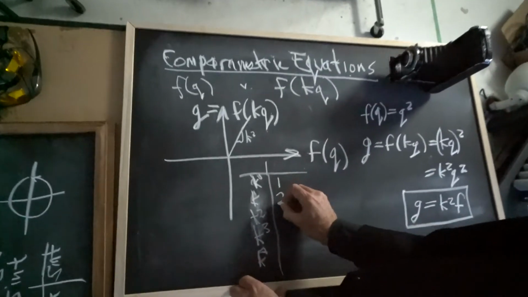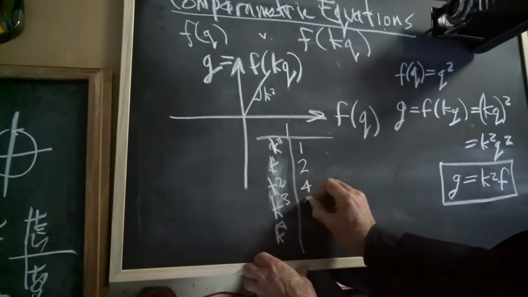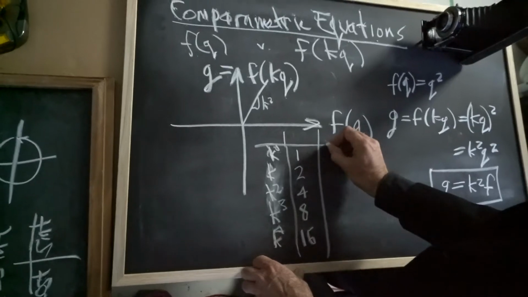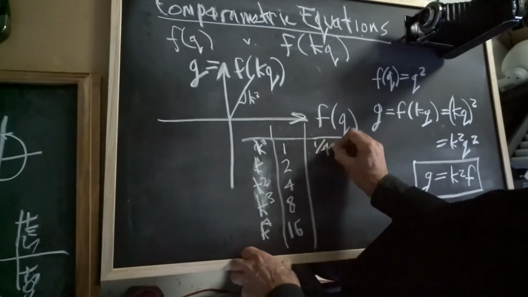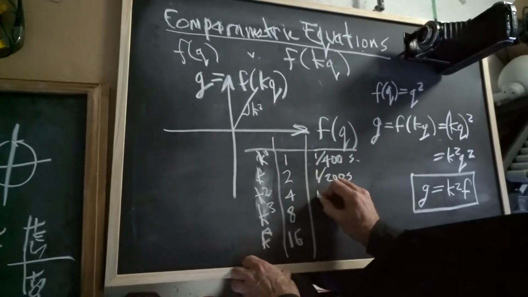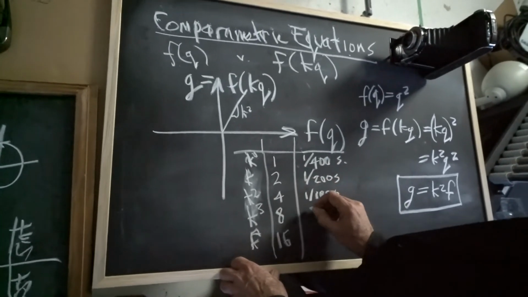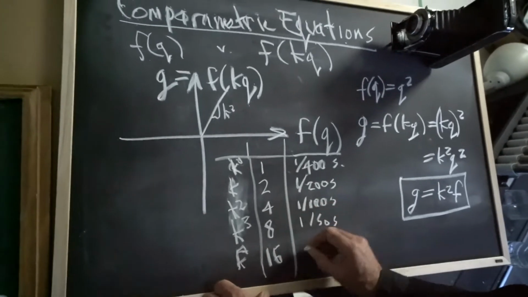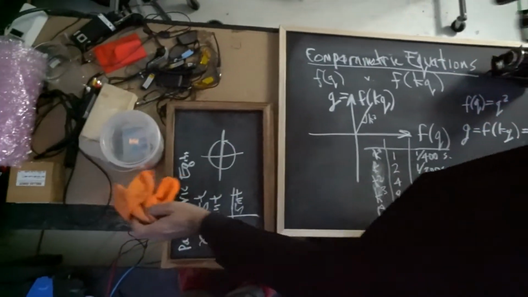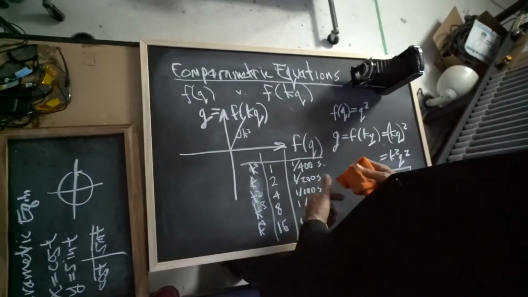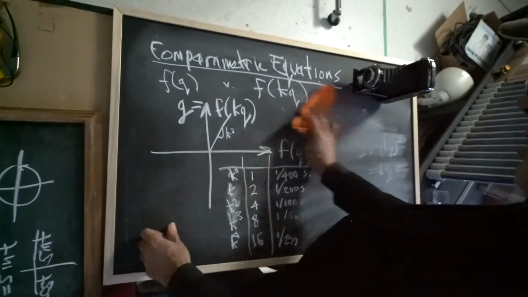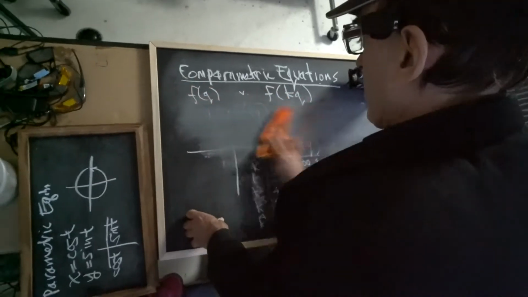So we've got 1, 2, 4, 8, and 16. This corresponded in terms of exposure time to 1/400th of a second, 1/200th, 1/100th, 1/50th, and 1/25th of a second. So what we had there was an ordered list of gain settings on this camera in terms of what it is capturing.